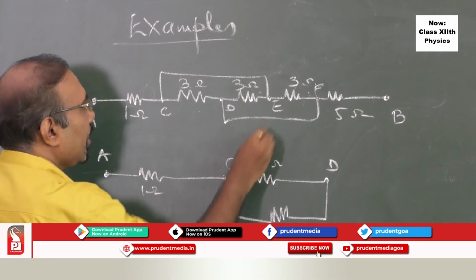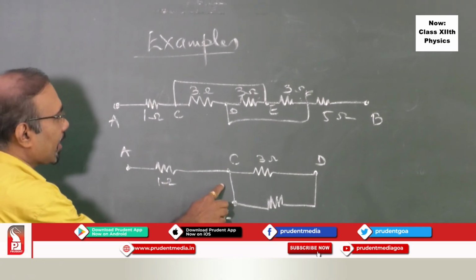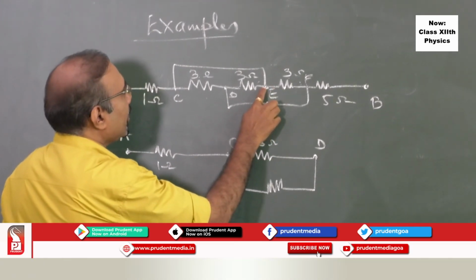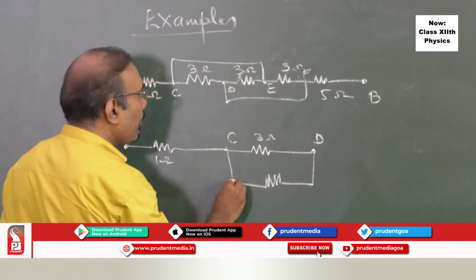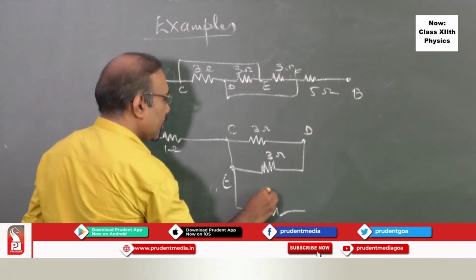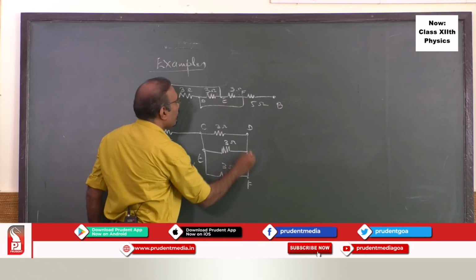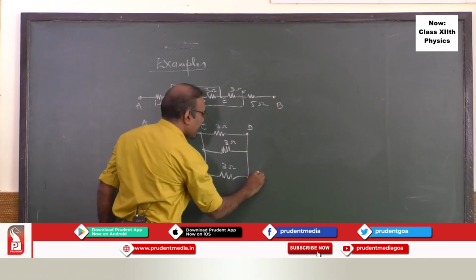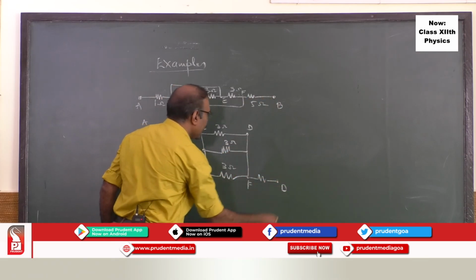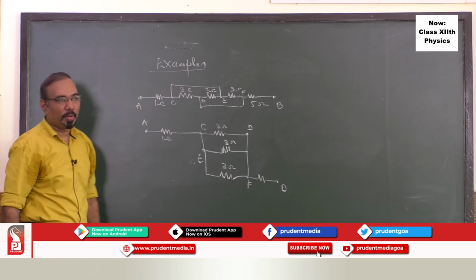This is E. But E is connected to C. From E, there is another resistance of 3 ohm. This is 3 ohm. This is 3 ohm. This is F. From F, there is another resistance. And this is D. So this is the equivalent circuit of this little bit complicated circuit.